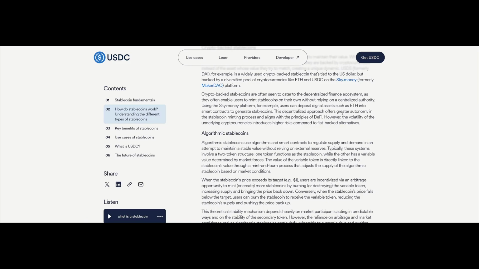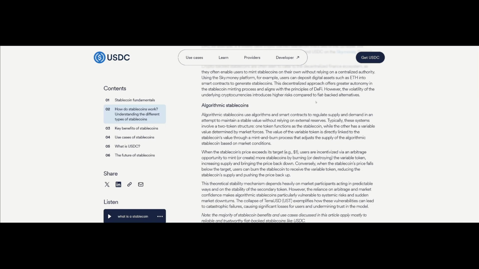This decentralized approach offers greater autonomy in the stablecoin minting process and aligns with the principles of DeFi. However, the volatility of the underlying cryptocurrencies introduces higher risk compared to the fiat backed alternatives backed by a military.